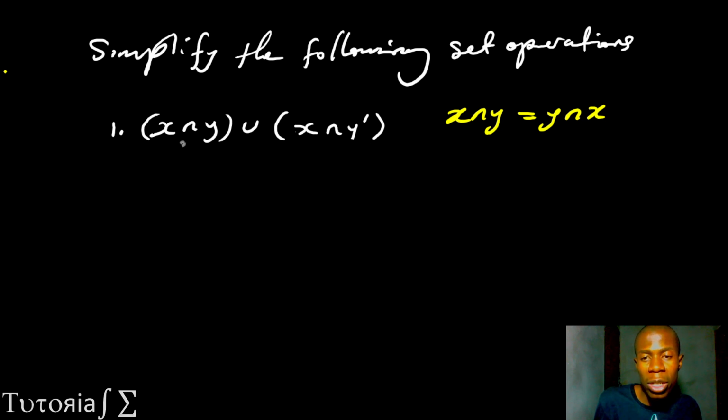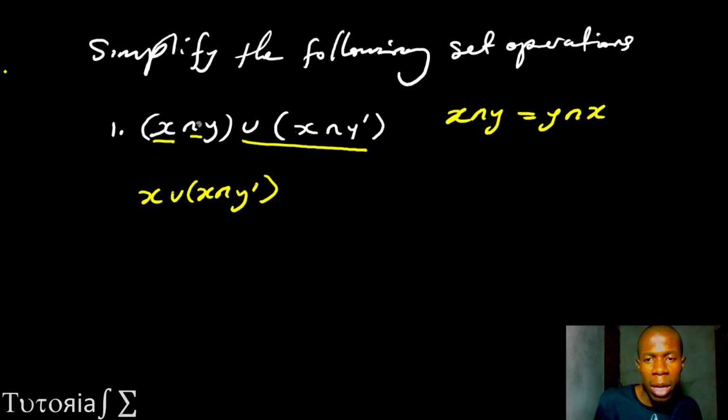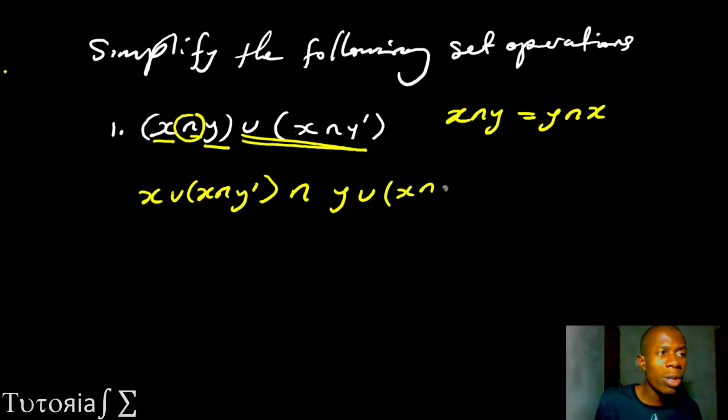How you use the distributive property is you get the x and this intersection the y, so we'll say x union x intersection y prime. Then we use this intersection, which is intersection y union y prime, just like we do with the distributive property.